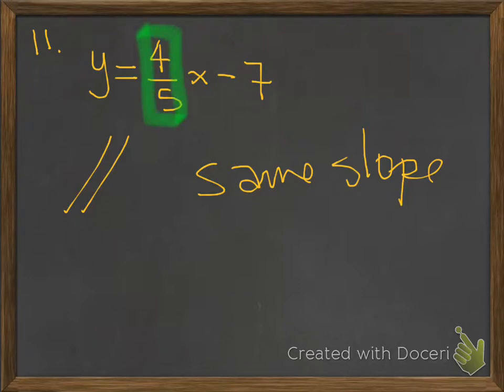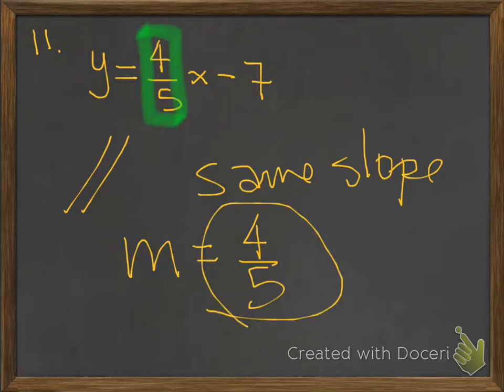So the slope of this line is 4/5, therefore the slope of the line parallel to it will also be 4/5. Parallel lines have the same slope. So if I know the slope of a line, then I also know the slope of the line parallel to it.